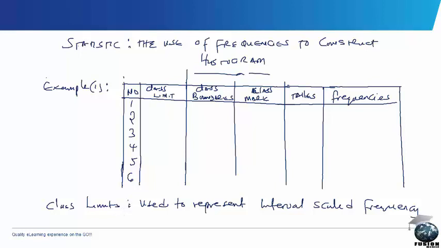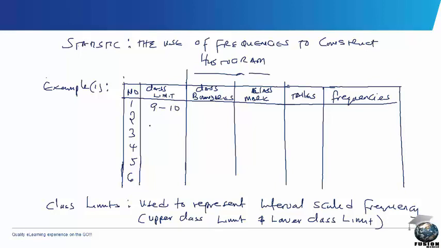We did that in your statistics 1. And so for this interval, it has 2 sides. The 2 sides of a class limit consist of the upper class limit and the lower class limit. For the example we have above, we have 9 to 10.